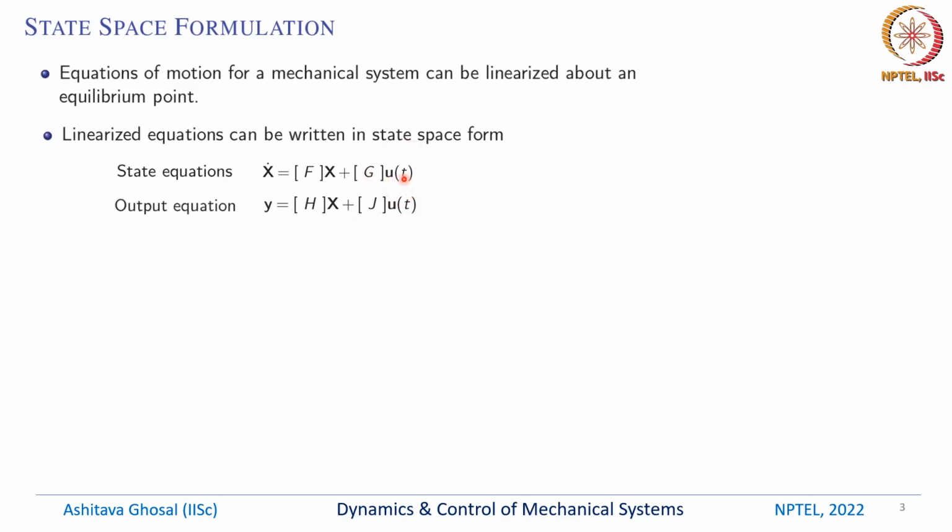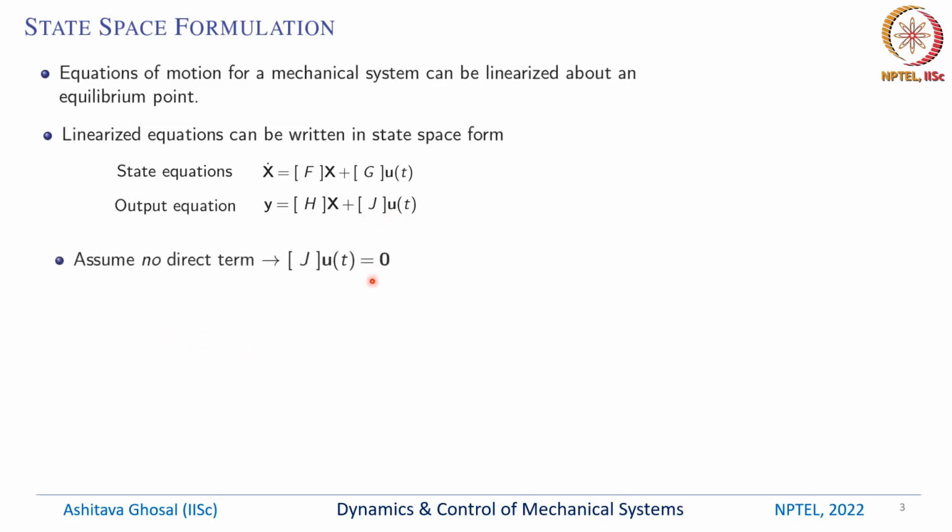The dimension of u could be m by 1, so hence G is n by m. The number of measurements or outputs could be p by 1, so hence this H matrix is p by n, and the J matrix is p cross m.